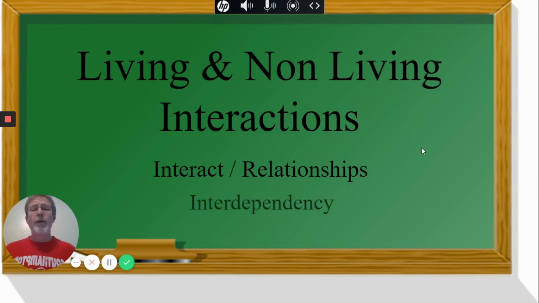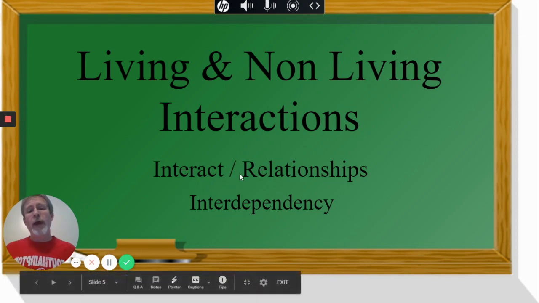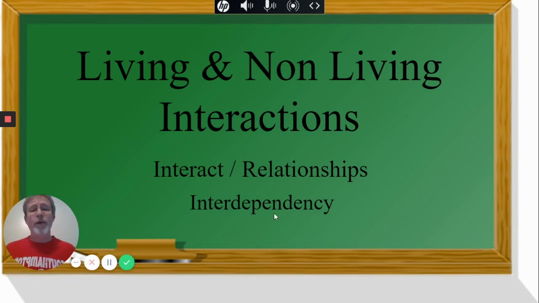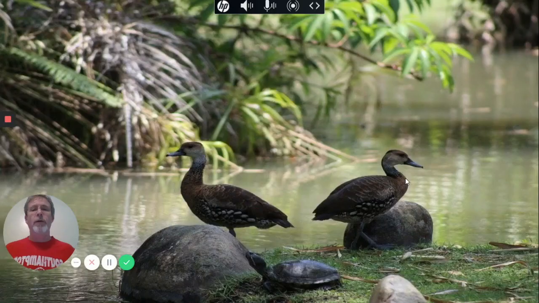Another thing to think about is the word interdependency. If you think about this word and its word within the word, I see the word depend. So interdependency is organisms needing one another, using one another.